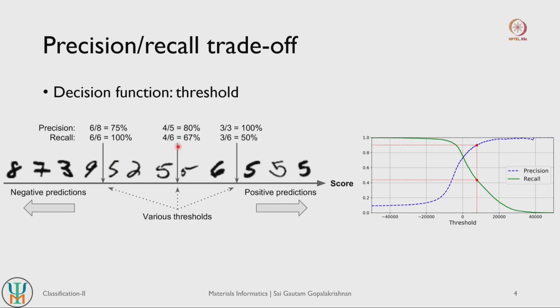So let us say you pick this decision threshold, and let us consider what precision and recall we have. If we take this as a threshold, precision is the number of true positives, which is 4, divided by the number of true positives and the number of false positives here.